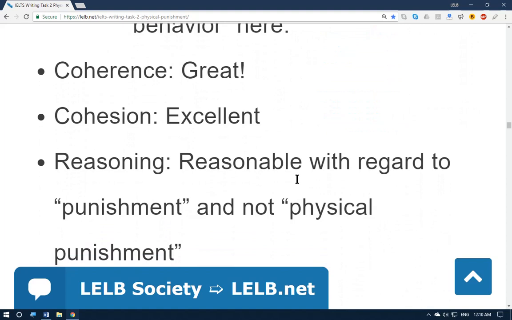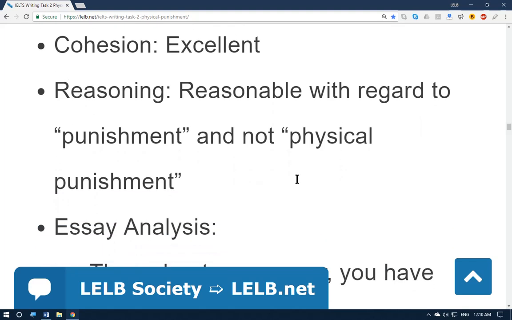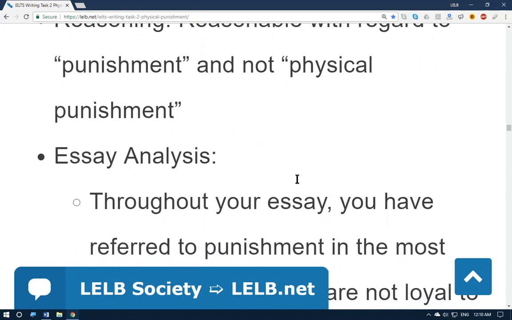And about reasoning, reasonable with regard to punishment and not physical punishment. It is about the reasoning aspect of the essay. It is reasonable or plausible with respect to the concept of punishment and not corporal punishment.